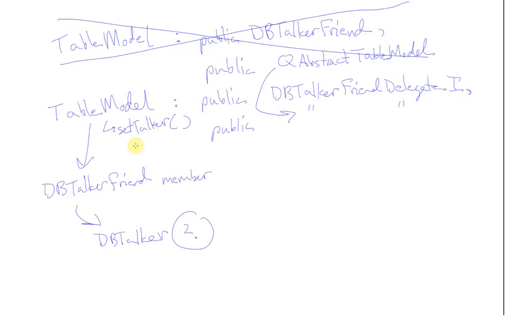I don't want my application specific class, which in my case is table model, to have any extra code that has to deal with DB Talker friend. I just want to make calls off of DB Talker friend, you know. So how do I do this? It'd be great if I could use multiple inheritance, because then I have a separation of my responsibilities and I can follow the single responsibility principle.